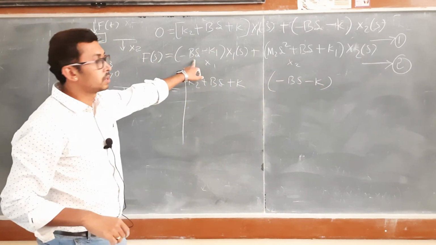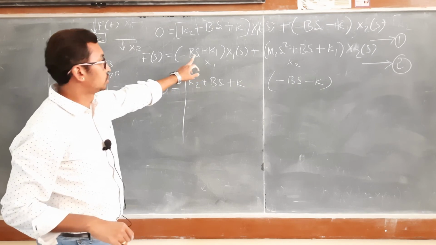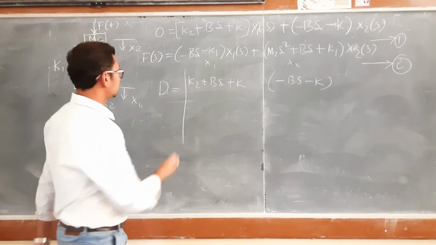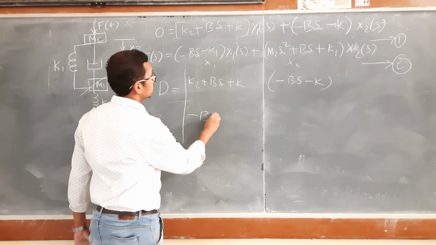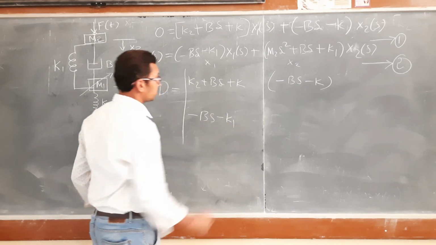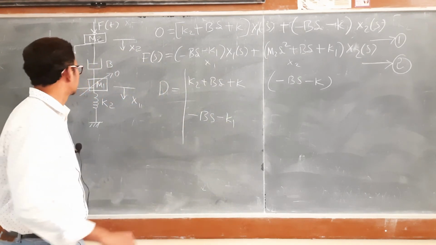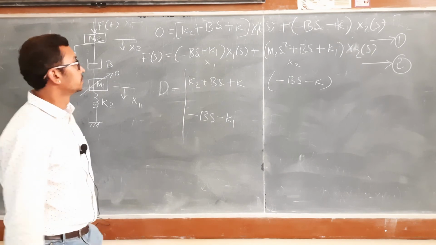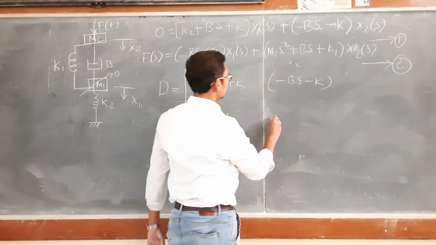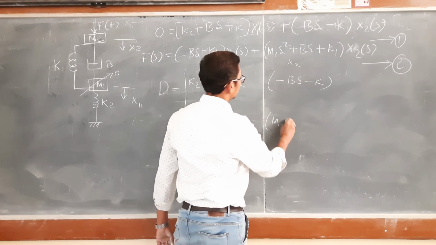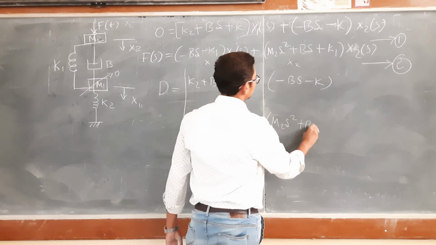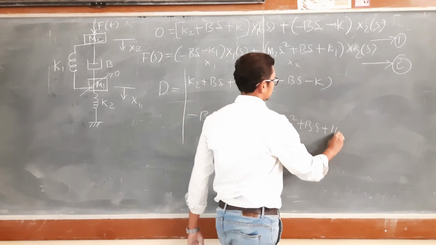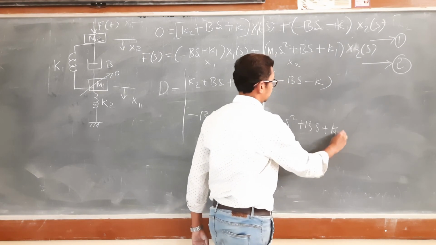Next, from equation number 2, what are the coefficients of x1 of s? It is minus bs minus k1. Okay, minus bs and minus k1. So next, here m2 s square plus bs plus k1.